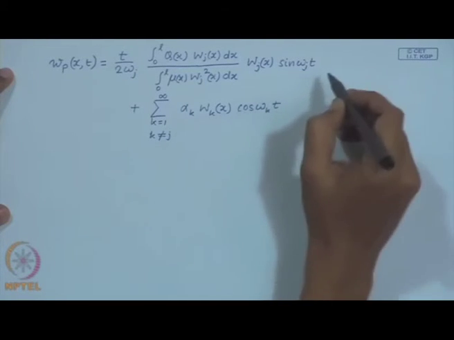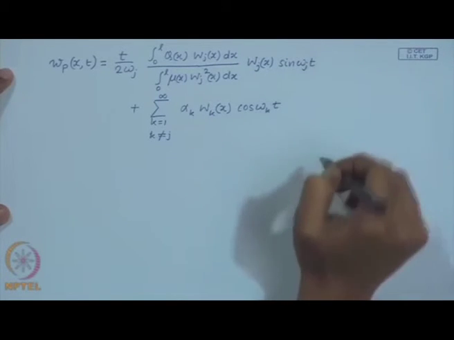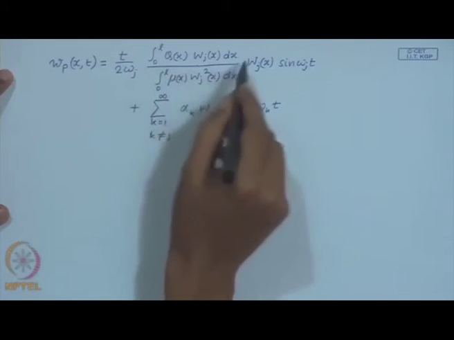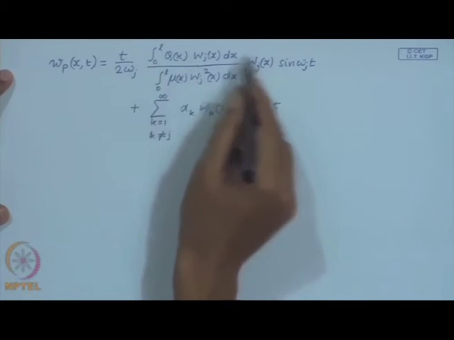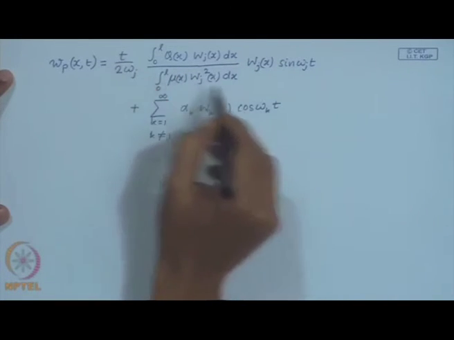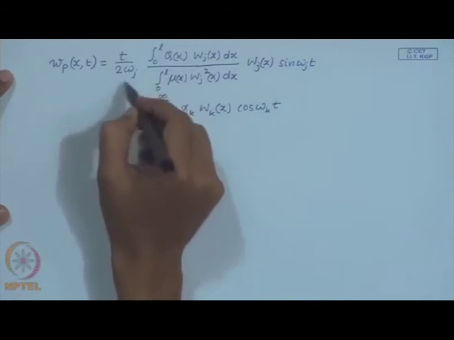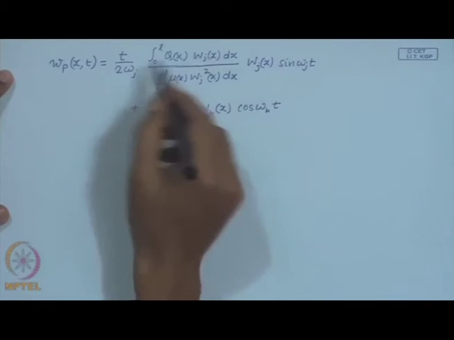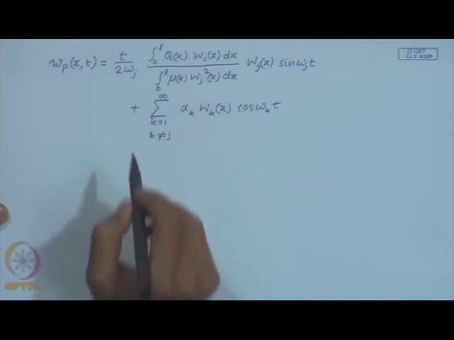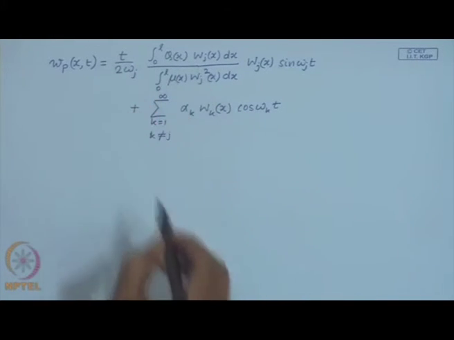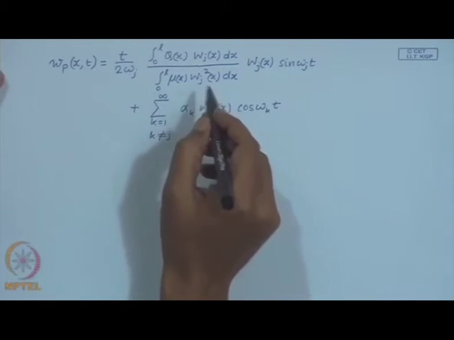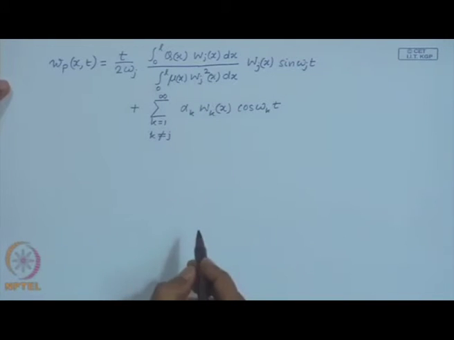Now, here we see something interesting in this solution form. In the numerator of this term, as usual the amplitude of the resonant mode has an envelope which is linearly increasing with time. This is what we all know happens at resonance.